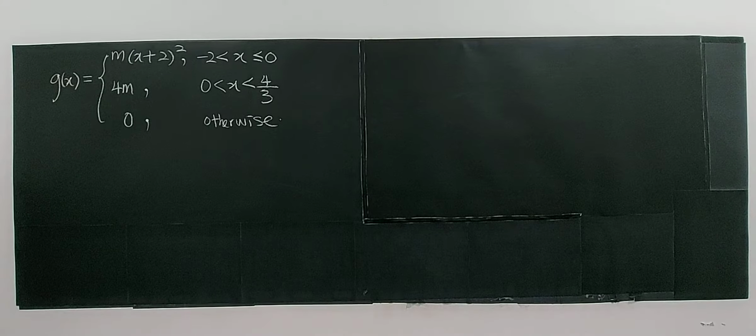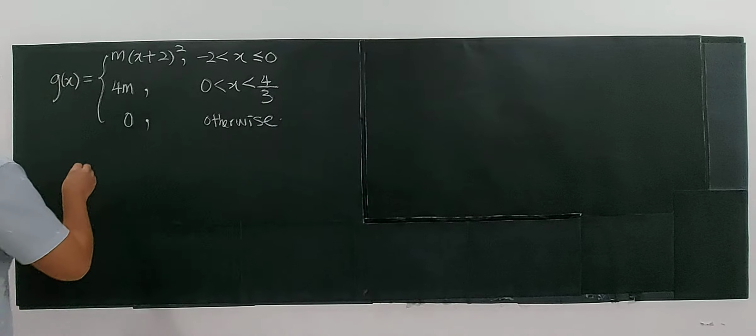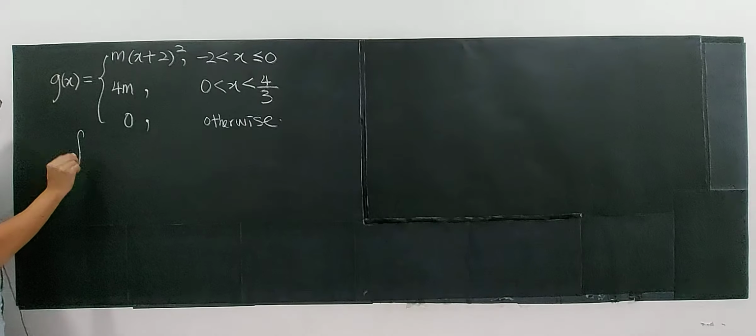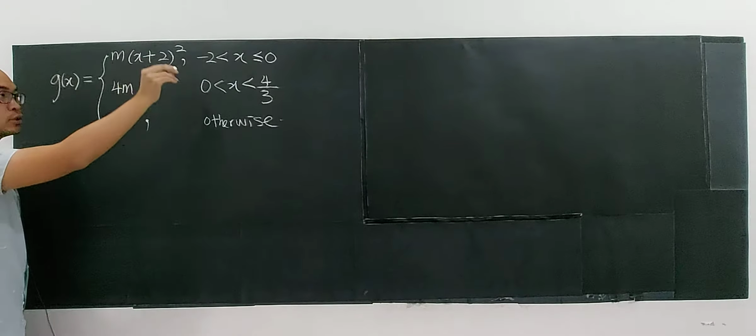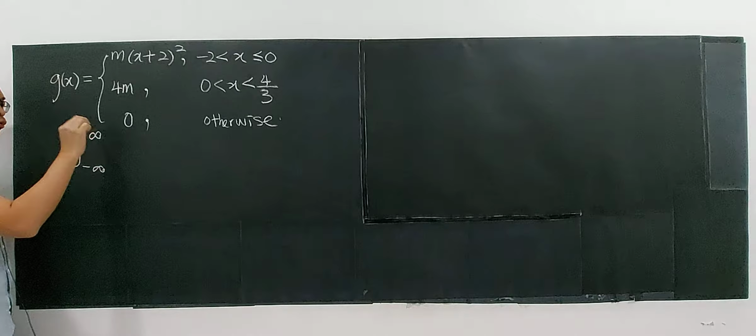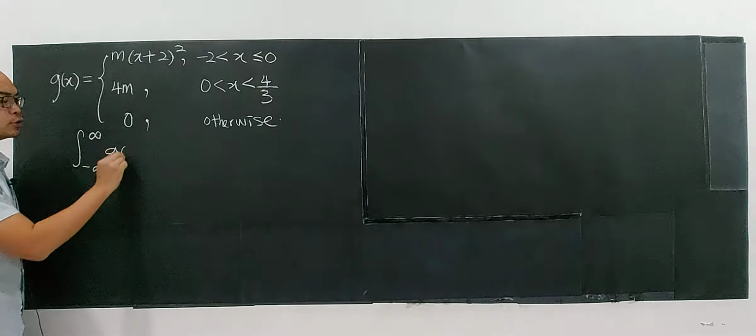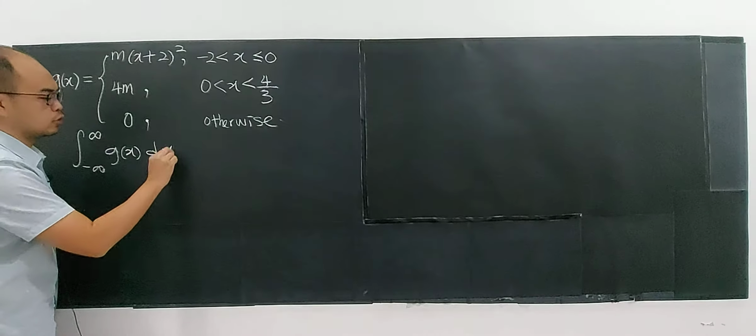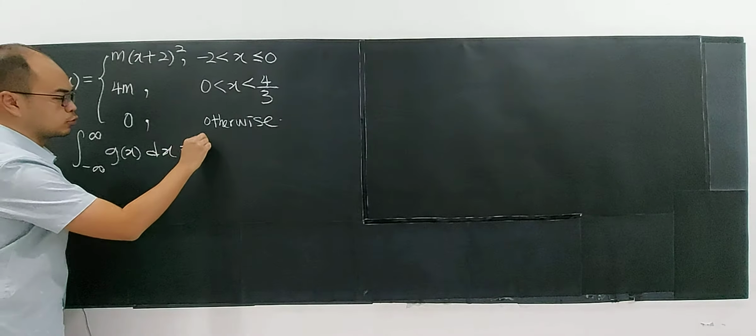So for a continuous random variable, if you integrate g(x) from negative infinity up to positive infinity, it must equal 1.